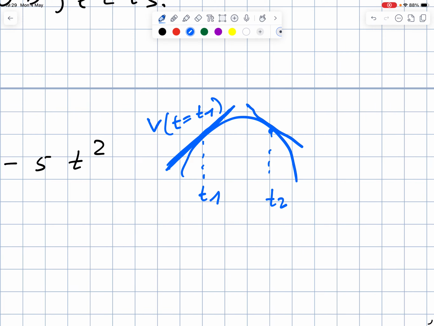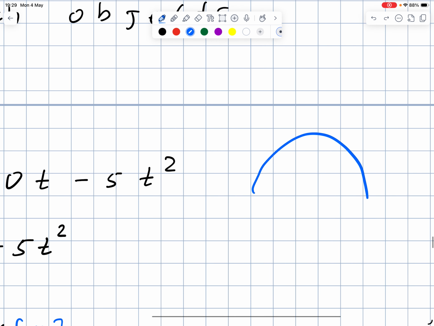The velocity at this point will be negative, v of t equals t2. Now, why am I saying this? Because we need somehow to draw this parabola y of t. As I said, this parabola is unhappy because of the negative coefficient.